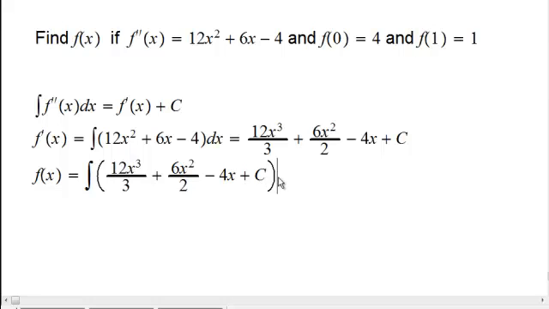Simplify that before we go to F. Oh, I see. By simplifying, you mean this.